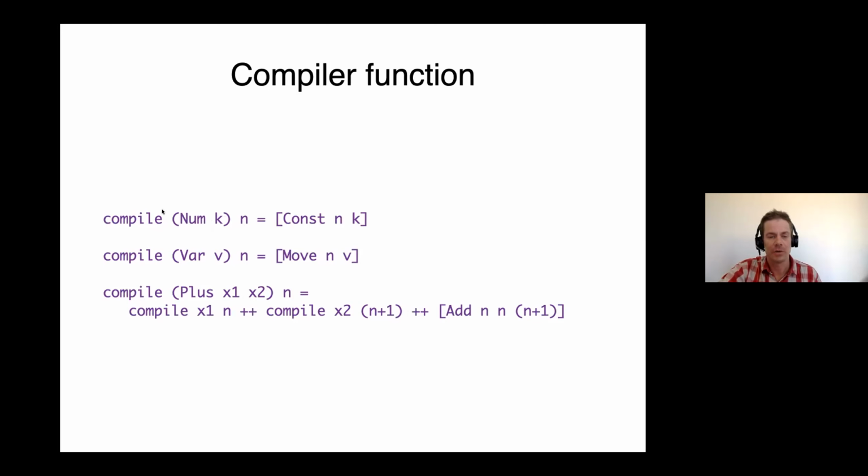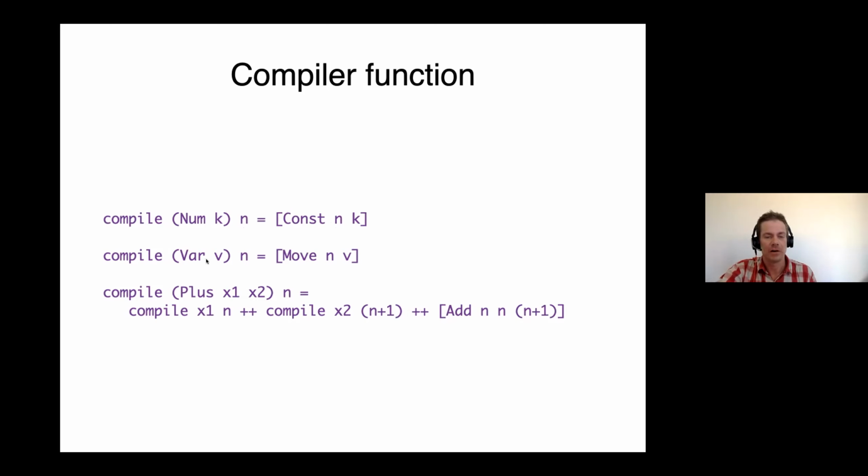So here, if we are to generate code for this, then the const instruction is good for this. Did I get that right? Yes, that's right. So it stores the constant k into register n. It was given that the result should go into register n.